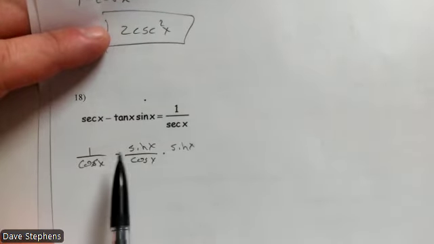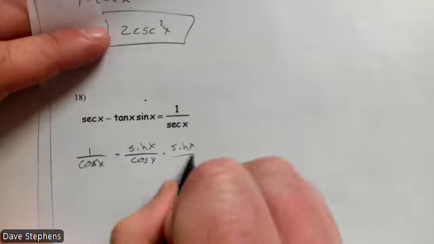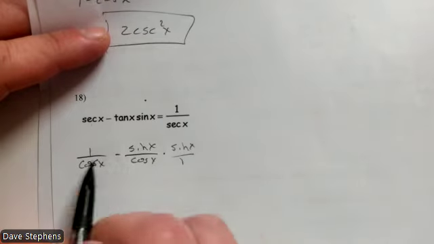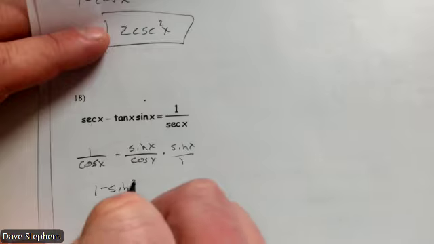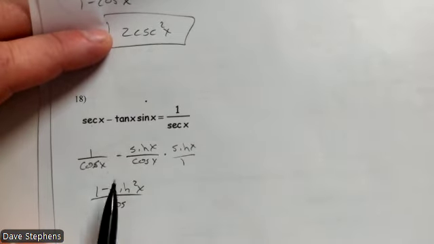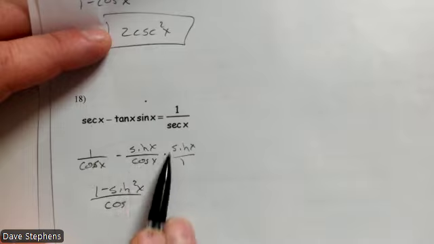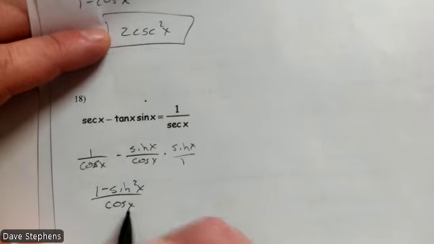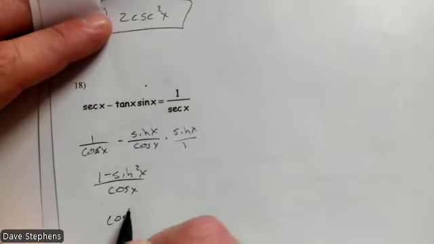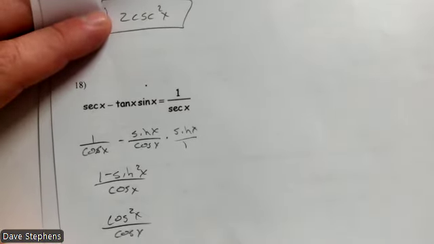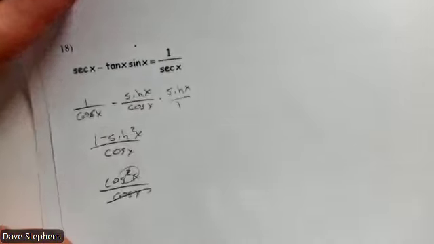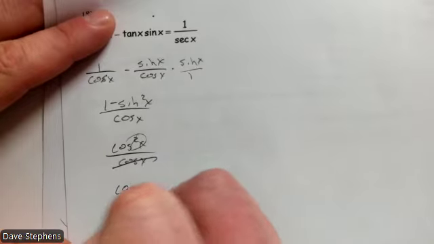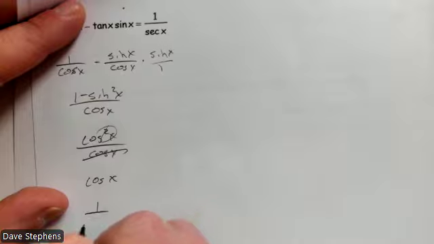Multiply that out, so we get 1 minus sine squared, all over cosine. This fraction and this fraction have a common denominator, so I can combine my numerators. 1 minus sine squared is cosine squared x over cosine x. One of those cancels with the denominator, and we get cosine x. Cosine is 1 over 2. So that checks out.